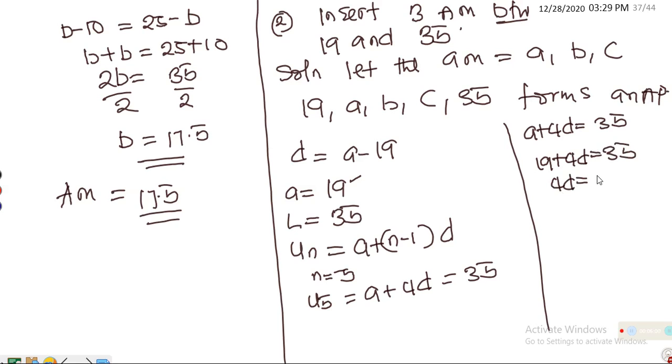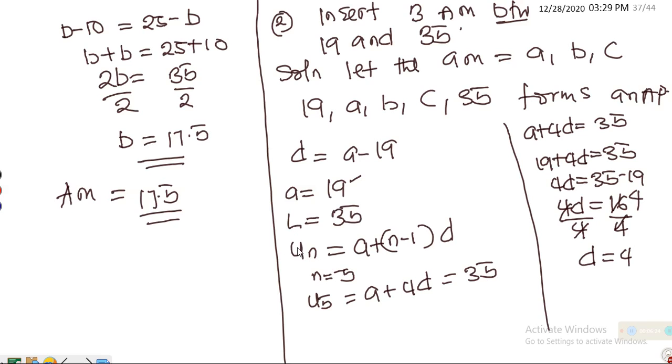So 4D equals 35 minus 19, so 4D equals 16. If you divide both sides by 4, D equals 4.